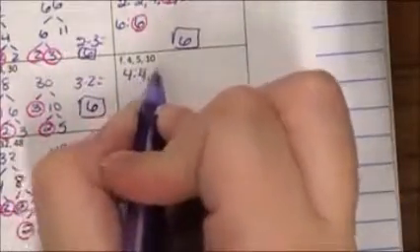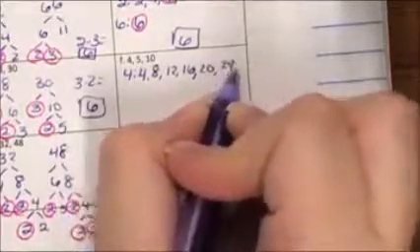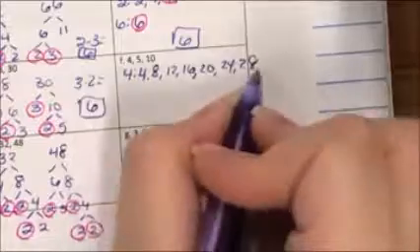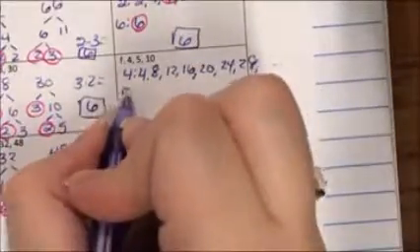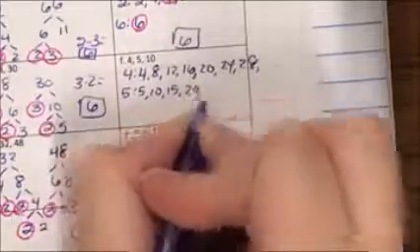Okay. For F, I have 4, 5, and 10. For 4, I have 4, 8, 12, 16, 20, 24, 28, and I could keep going. For 5, I have 5, 10, 15, 20.